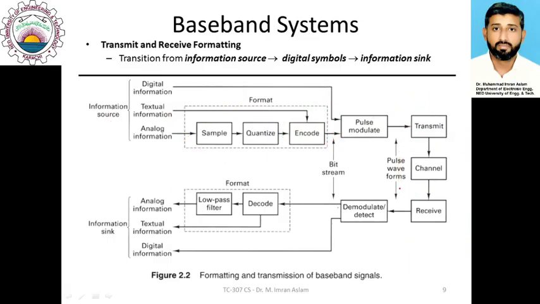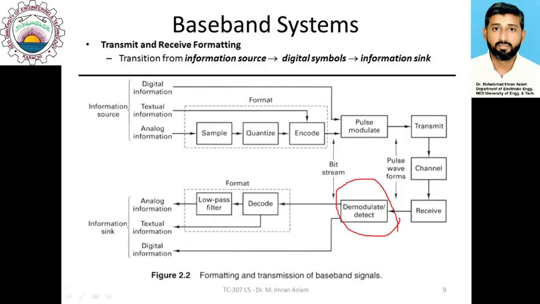Similarly, if we look at the receiver side, the first step at the receiver is demodulation or detection. In the process of demodulation and detection, we try to make a decision about what information or what waveform was transmitted from the transmitter side, because the waveform that we receive at the receiver side is not in the original shape because of the addition of noise, interference, and distortion.